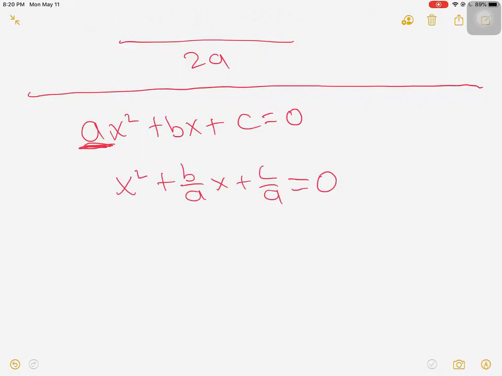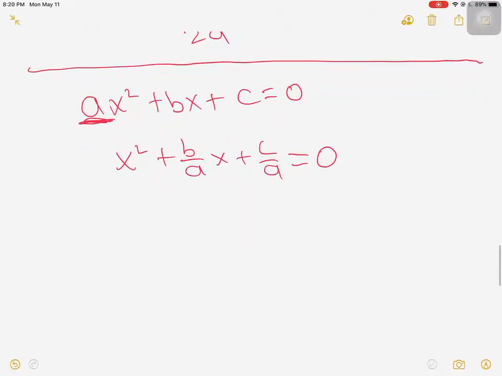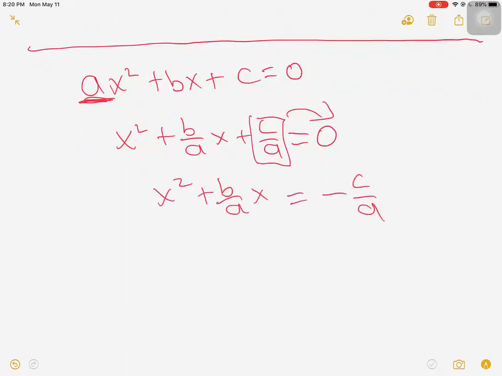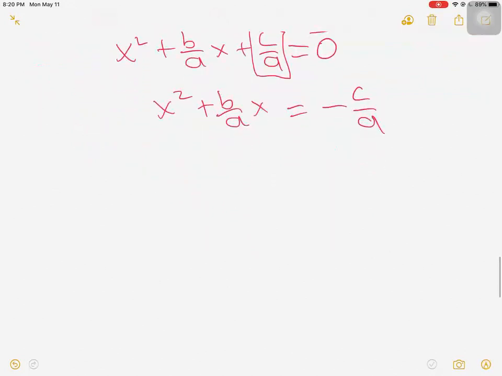Now we want to complete the square to solve this quadratic. So we move all the constants to one side. We get x squared plus b over a x is equal to negative c over a. To complete the square, we divide the middle term, b over a, by 2 to get b over 2a.